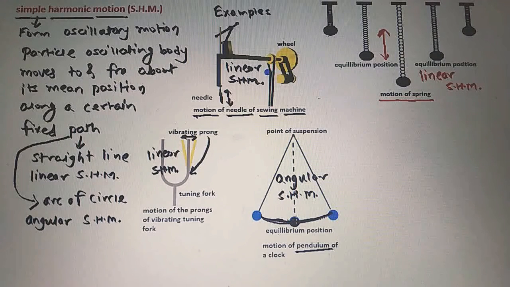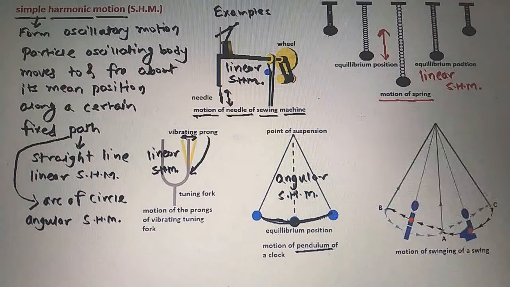Now we will see the next example, the swinging of a swing. This swing is swinging along a certain fixed path that is an arc of a circle. See in this figure, this swing moves to and fro about its mean position.